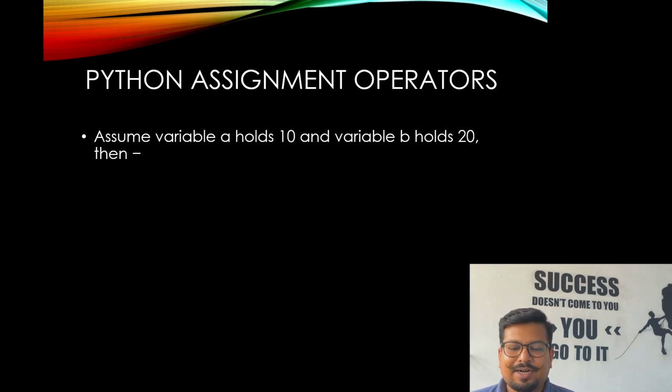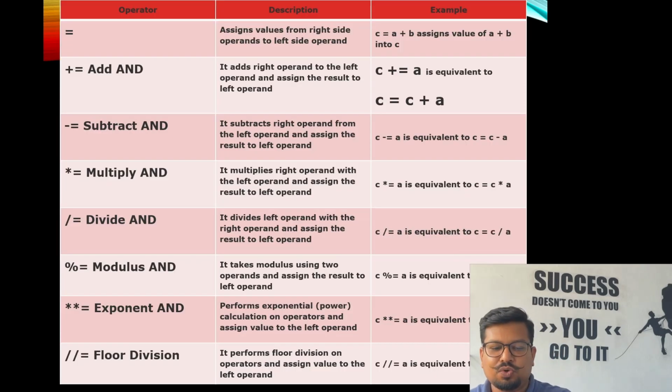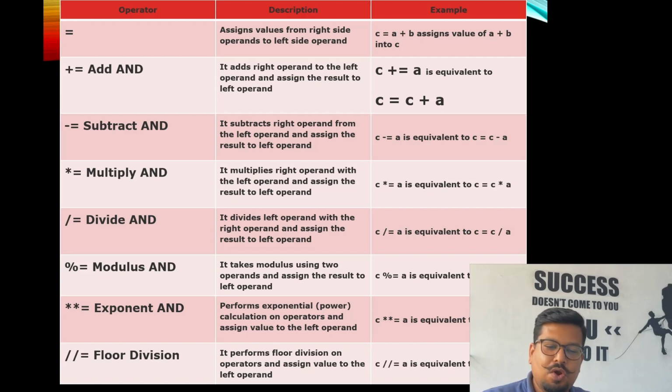But there are different assignment operators available in Python, and those are nothing but add and assign, subtract and assign, multiply and assign, divide and assign, modulus and assign, exponent and assign, floor and assign. And also a normal assignment operator is available in Python.